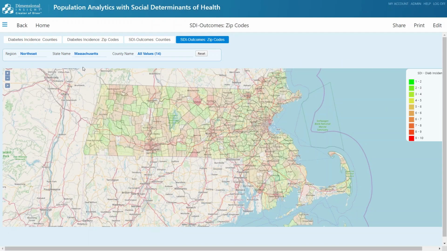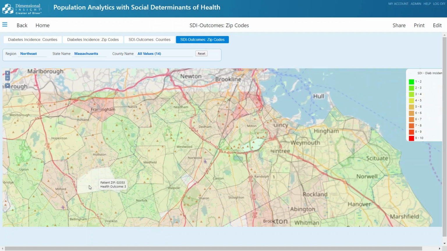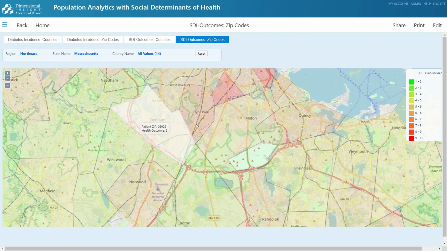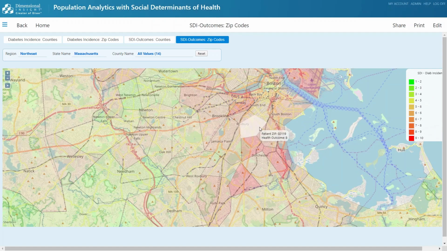And again, we'll do this at the zip code level. And now, if we move into that same level of granularity in the Boston area, you can see that some of these neighborhoods directly south of Boston, which were all red in terms of social deprivation, we've identified some pockets that have that combination of very high social deprivation and a high diabetes incidence.